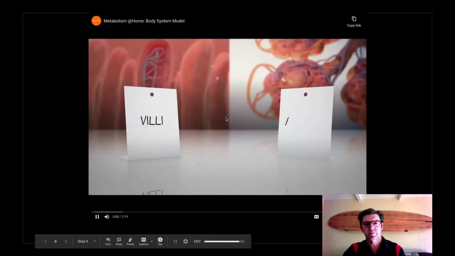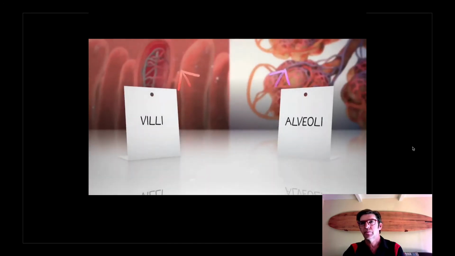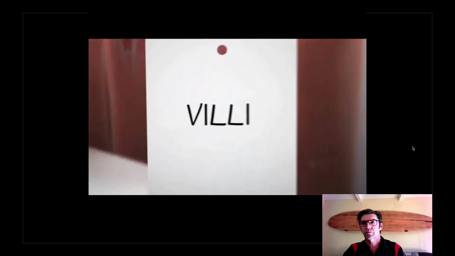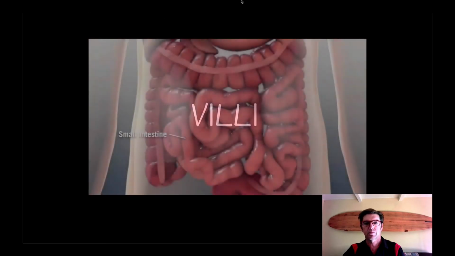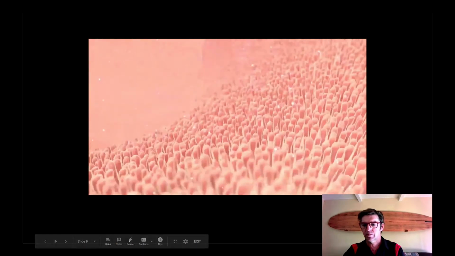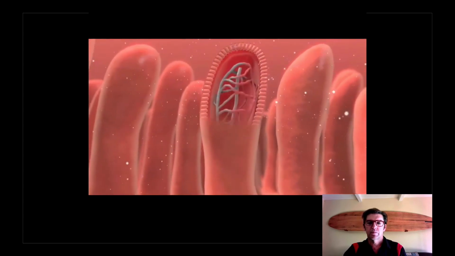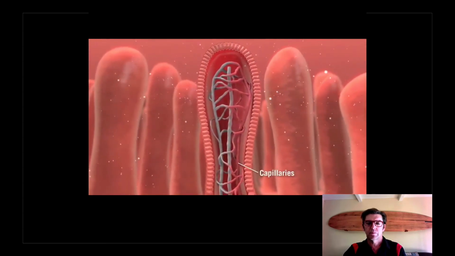The villi and the alveoli. Let's take a closer look at each of these structures to find out what they do. Villi are part of the digestive system. They are tiny finger-like parts that line our small intestines. Inside the villi, we can see tiny blood vessels.